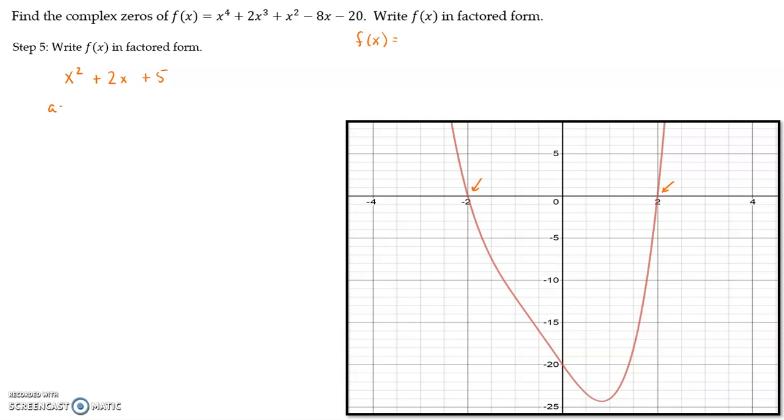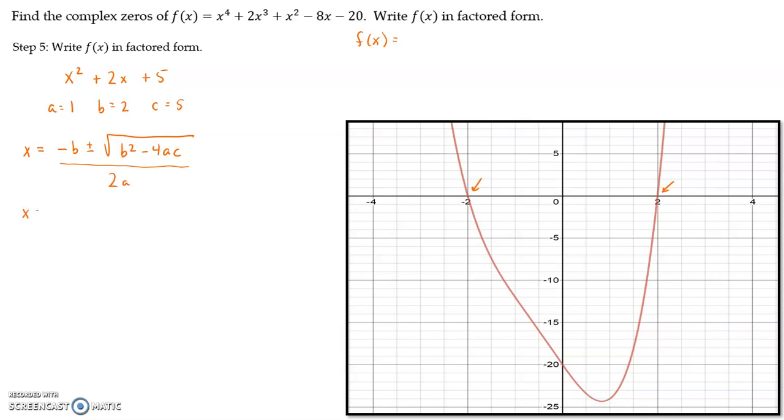Our a value here is 1, our value for b is a positive 2, and our value for c is 5. So our quadratic formula is x equals negative b plus or minus the square root of b squared minus 4ac, and all of this is over 2a.